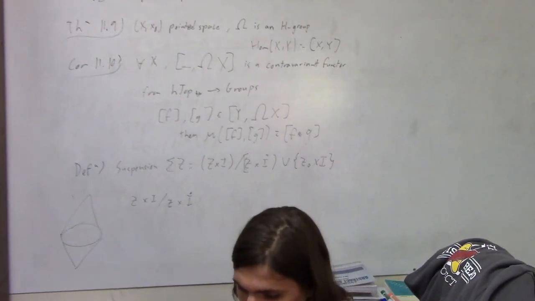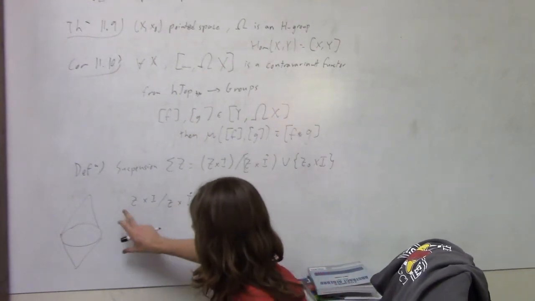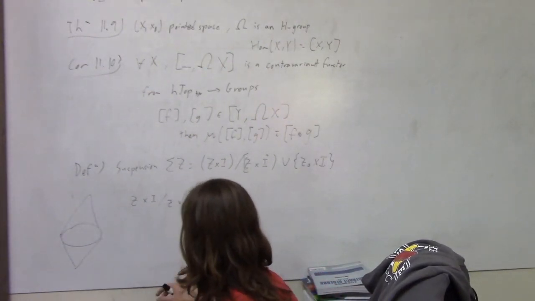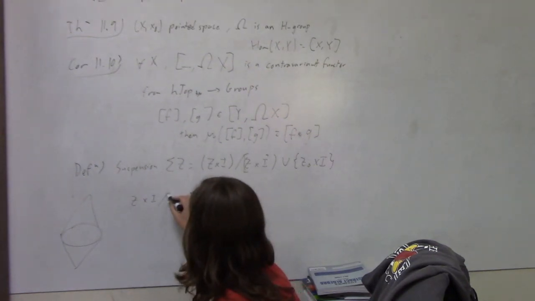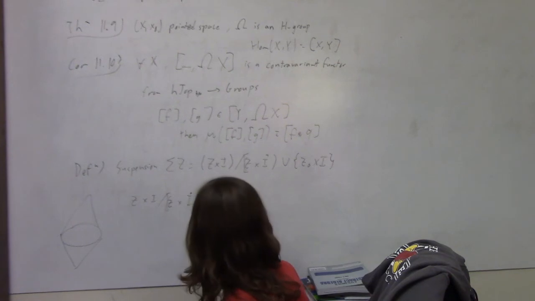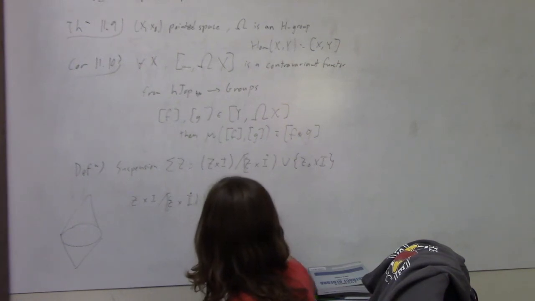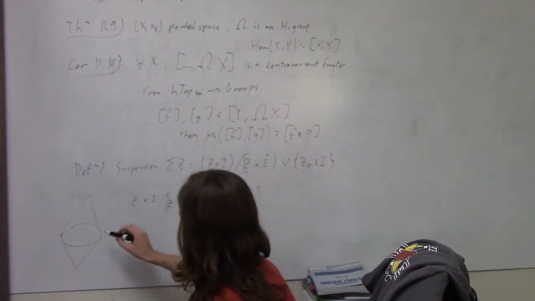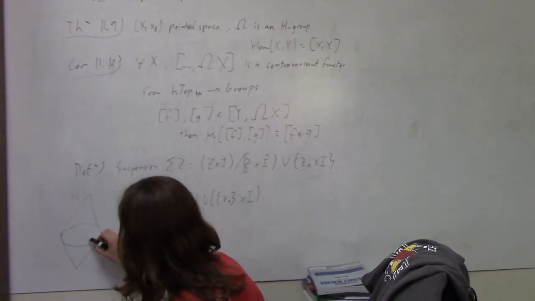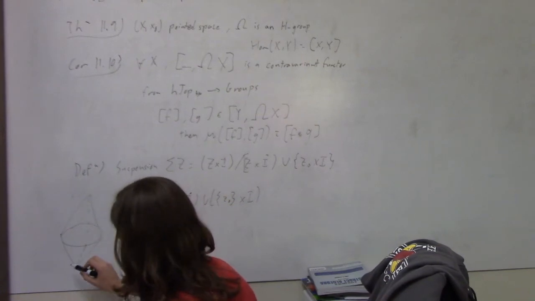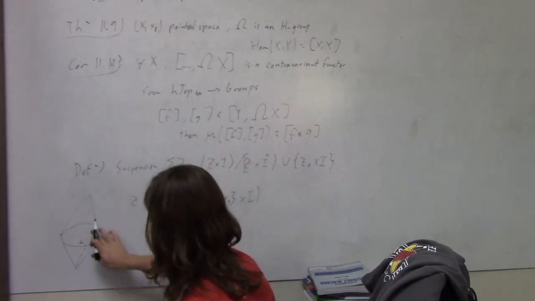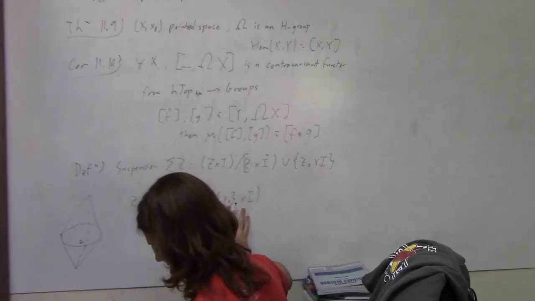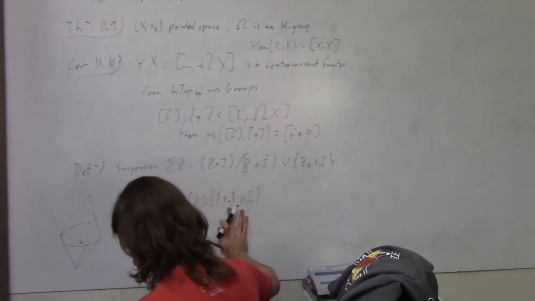Alright, so double cone is when you modify this with both parts that are squished into one. And then this one, suspension, is where we also consider, if you have a point in Z naught, then all of this part, Z naught cross I, is going to be identified.